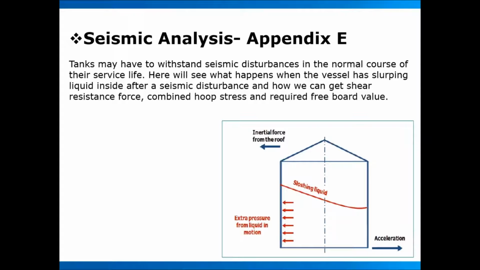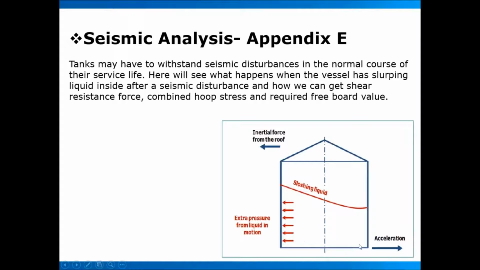When a tank is subject to seismic loading, it experiences a sudden horizontal acceleration because of the seismic movement. This acceleration causes the shell to undergo force from the contained liquid, as well as a sudden movement of the shell and roof, which are unwilling to move as the ground accelerates.